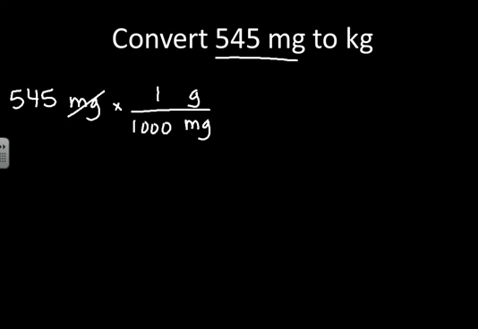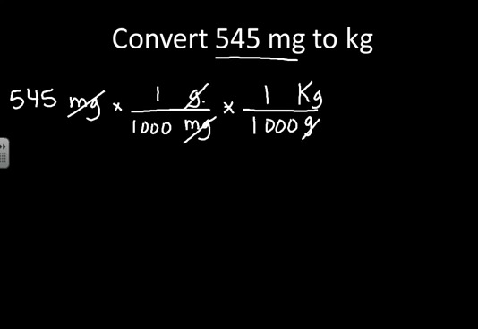If we left the problem here, our answer would be in grams, which we do not want, so we have to do another conversion fraction. Now grams is going to go on the denominator, so it'll cancel with the grams that's up here. And we're going to go to kilograms. In this case, a kilogram is bigger than a gram, so 1 kilogram is equal to 1,000 grams. Grams will cancel.